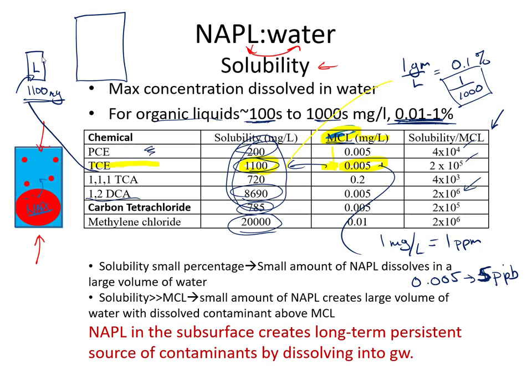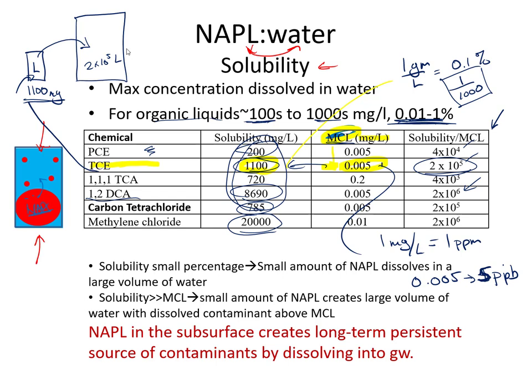So if we take this liter and dilute it down by mixing it with clean water, then it's going to be a much larger volume that is still right at the MCL, and this volume is going to be that ratio. So this is going to be 2 times 10 to the fifth liters.